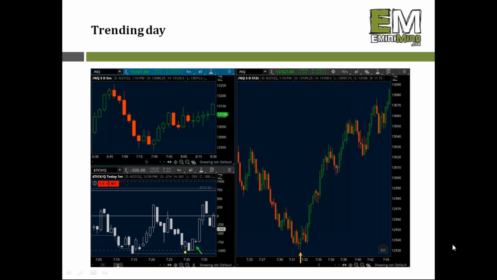Most platforms have tick data. I use Thinkorswim, that's the charts that you're looking at. TradingView, I don't know if there are some alternative sources that you could pull in, or use a different platform to look at tick data.